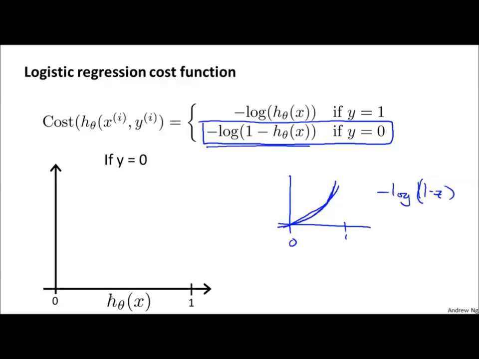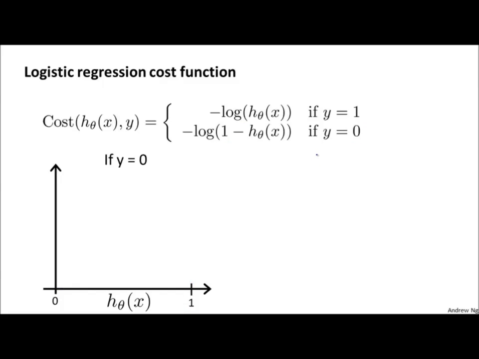And what this curve does is it blows up and goes to plus infinity as h of x goes to 1, because it's saying that if y turns out to be equal to 0, but we predicted that y is equal to 1 with almost certainty, with probability 1, then we end up paying a very large cost.